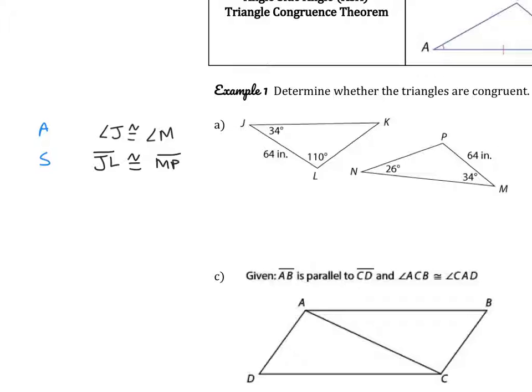Now the last thing that we would have to prove is that the last angle is congruent. So you can see here that we have to show that angle L is congruent to angle P. In order for us to do this, we're going to have to figure out what angle P is.